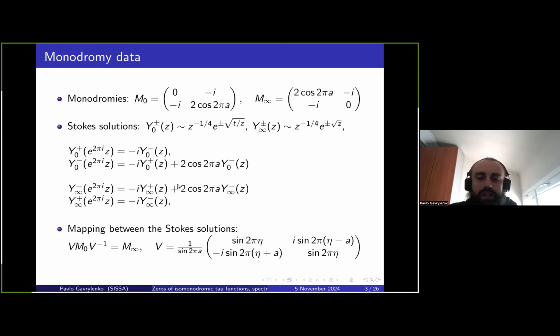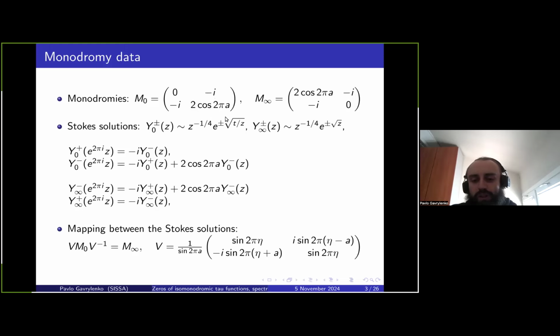this small solution. So monodromy matrices should have this form with 0 and 1 matrix elements, and with the trace written explicitly in the other matrix element. So you see that it's a matrix with determinant 1 and trace 2 cos(2πa).